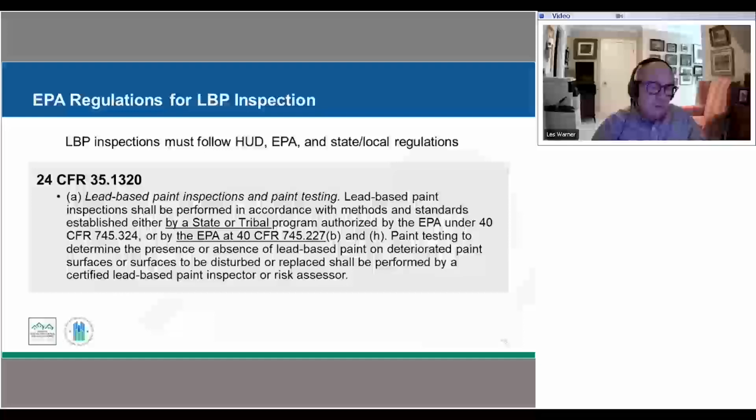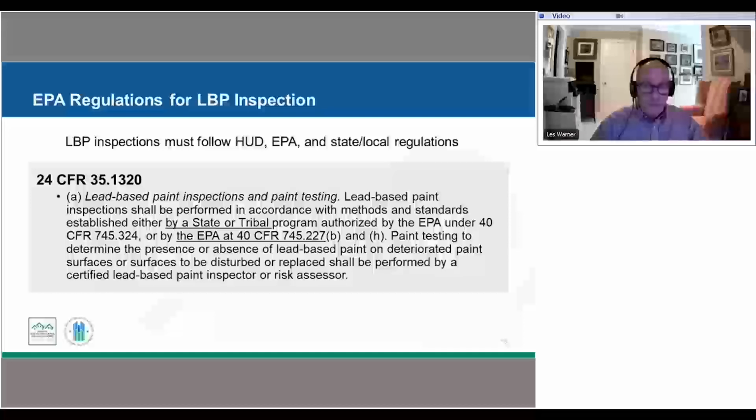I wanted to talk a little bit about our regulations on the completion of the lead-based paint inspection. They are found in the HUD regulations at 24 CFR 35.1320, which references the requirements for lead-based paint inspections and paint testing, either by state or tribal program.